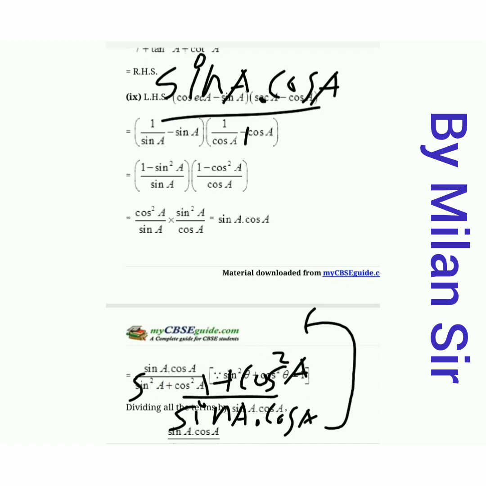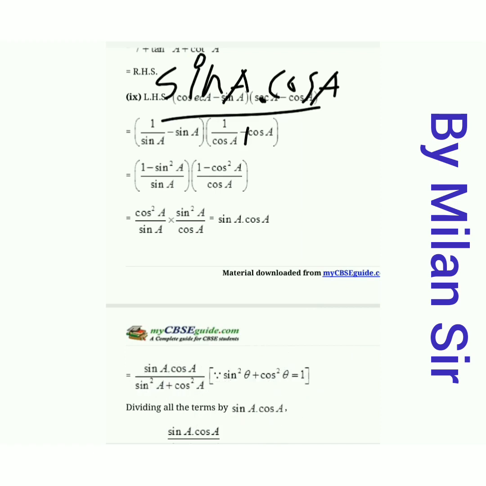No need to divide by 1 because it's the same. So on the right hand side, what we get is sin a into cos a. Now the left hand side and right hand side are the same, because on the left hand side we also get sin a into cos a. So hence proved. Okay.